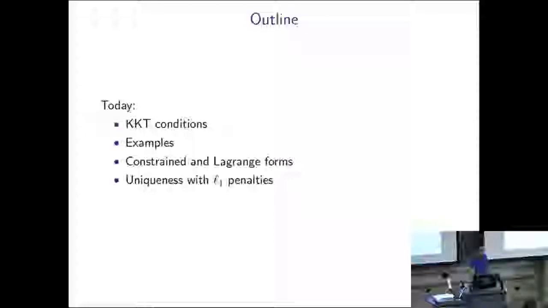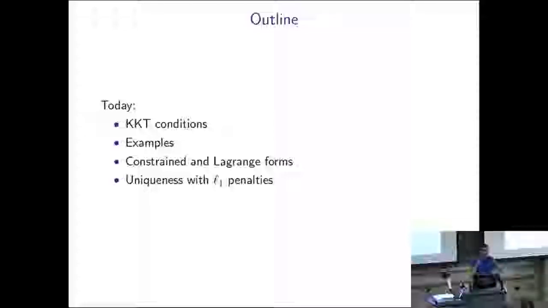So today we'll talk about the KKT conditions, give lots of examples, and then we're going to talk about two applications of the KKT conditions. One is to prove something that you have seen pop up very often, let's say in statistics or machine learning literature, where we claim an equivalence between constrained versus a penalized or Lagrange form. We can think about regularizing as a constraint or as a penalty.